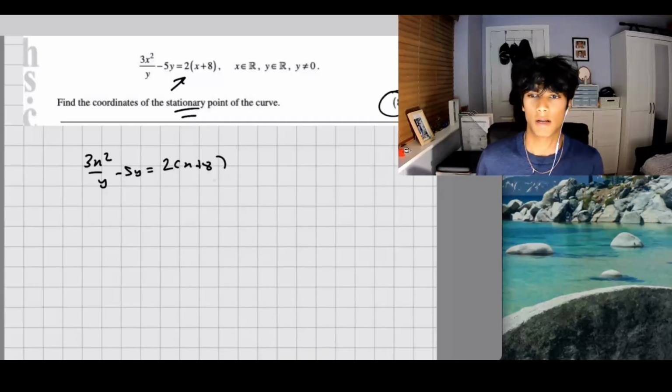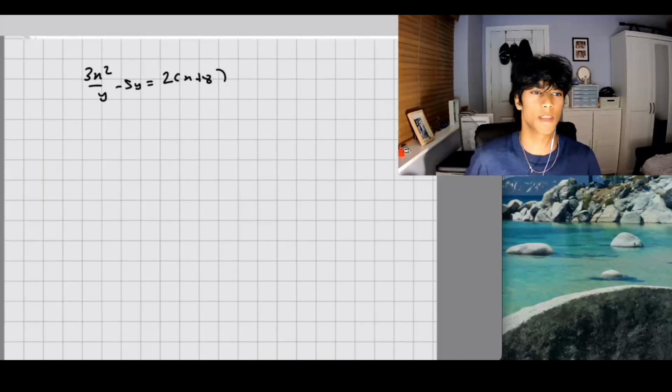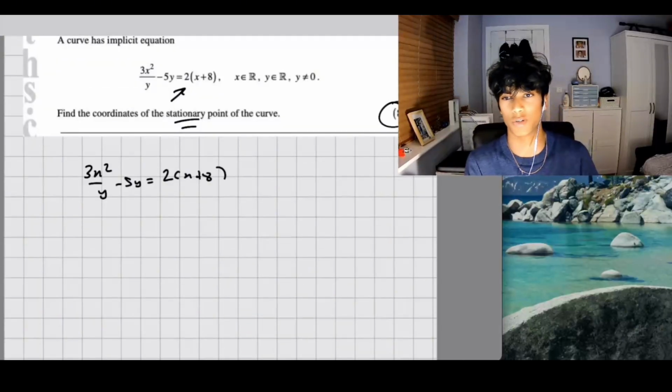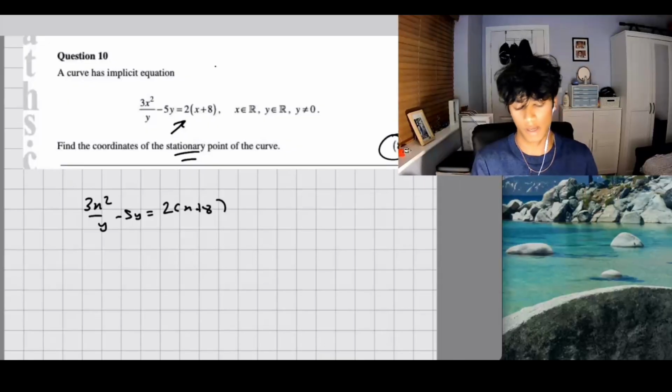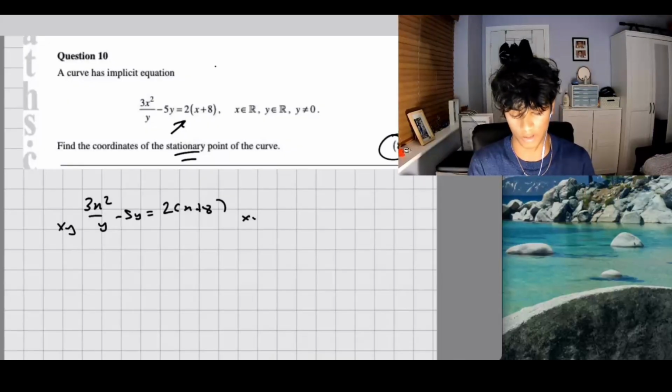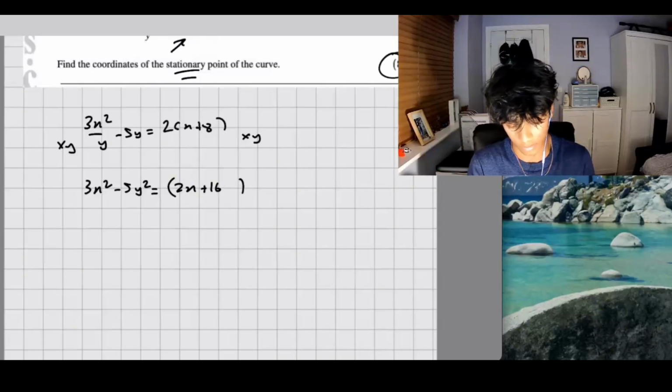Okay, this is not a good format in which we want to differentiate this. So we want to implicitly differentiate this. I'm just going to multiply by y both sides to make this simpler. So that should be 3x squared minus 5y squared equals 2x plus 16 times y.